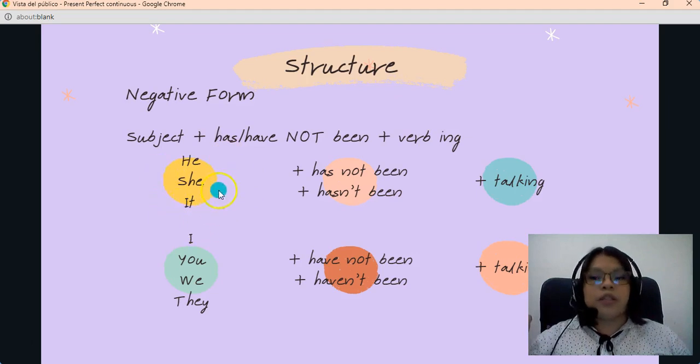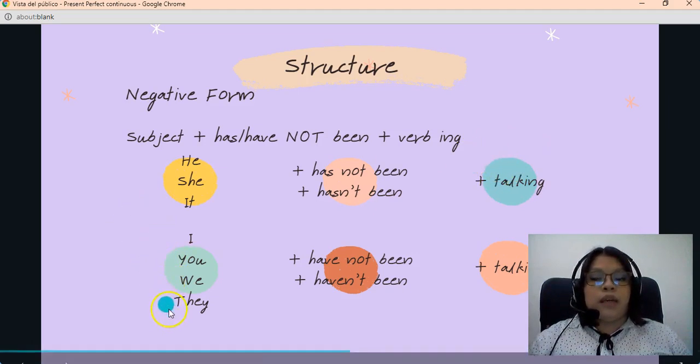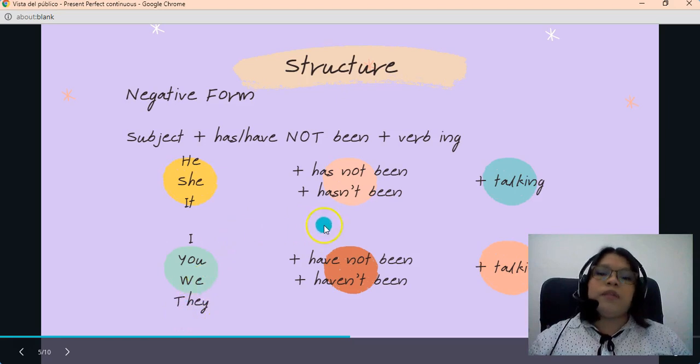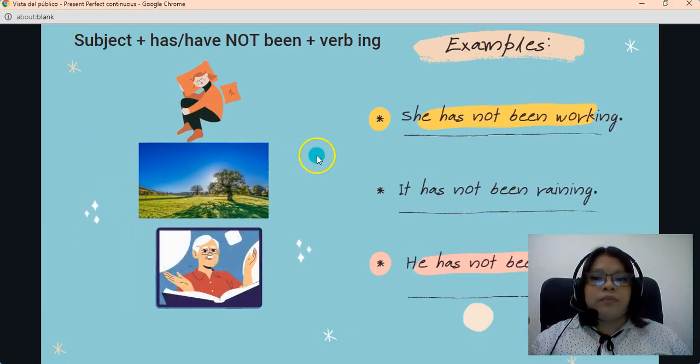For the third person, he, she, it, plus has not been, or in the contraction, hasn't been, plus in this case the verb to talk, talking. And the pronouns I, you, we, and they will be have not been, or in the contraction haven't been, plus talking. Let's check some examples as well.